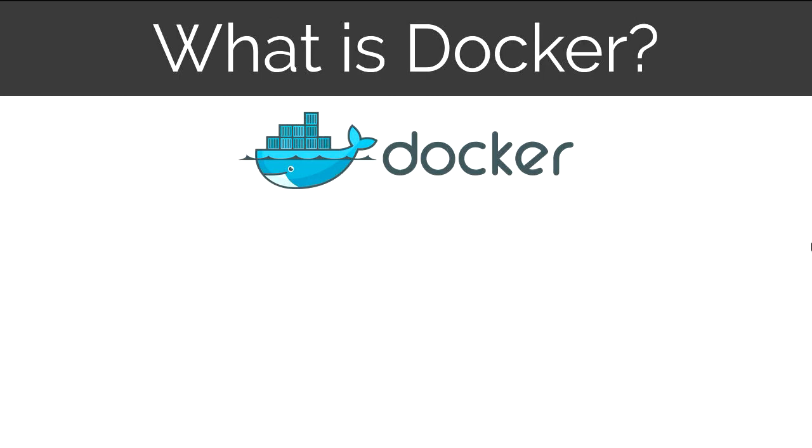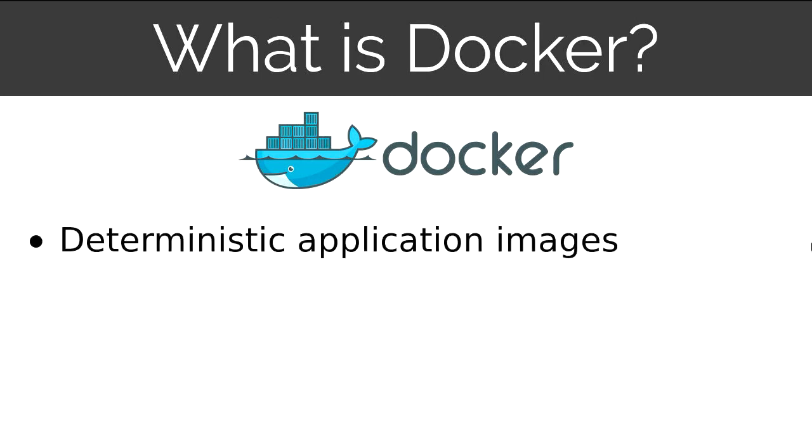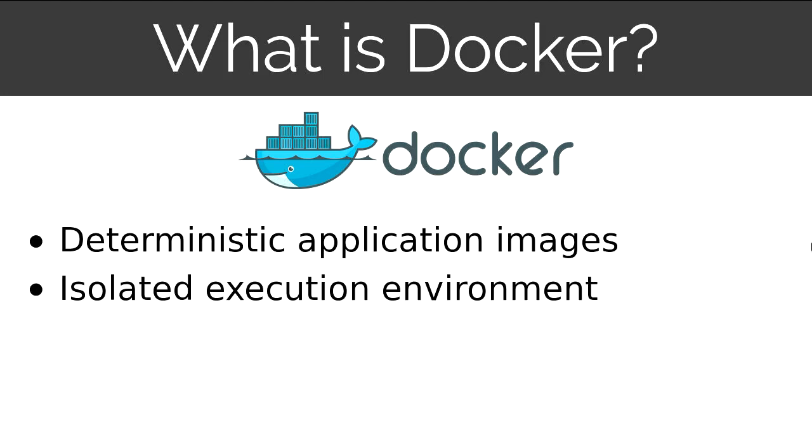So first up, Docker is a way of making application images that you can run your application in. They are theoretically deterministic, so you build it and it always builds the same thing. You can then use it as an isolated execution environment, and before the security people get at me, no, it's not as isolated as a VM.